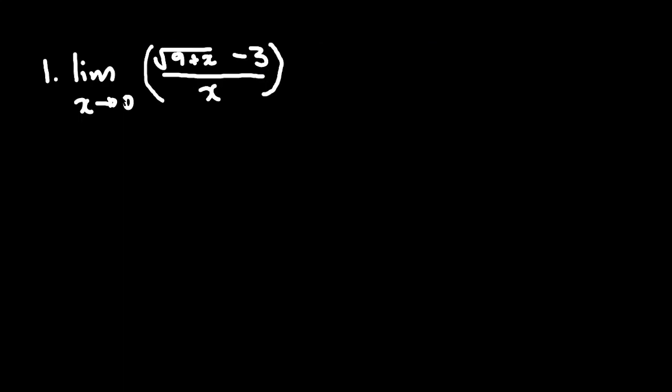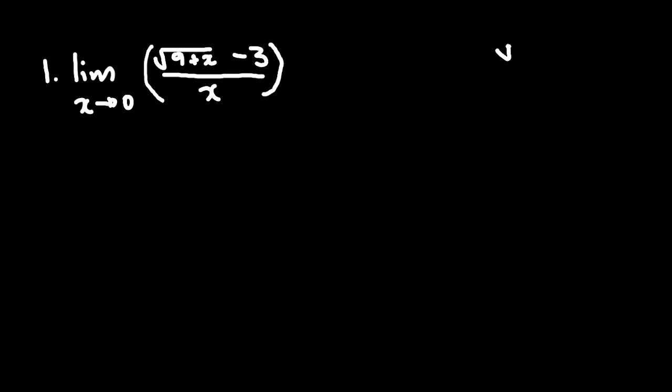with our number one, which is the limit of square root of 9 plus x minus 3, divided by x, as x approaches 0. So what is the limit of this as x approaches 0? If you have any root in your limit in the form of the root plus any number, or the root minus any number, there is something called a conjugate, which you can apply.